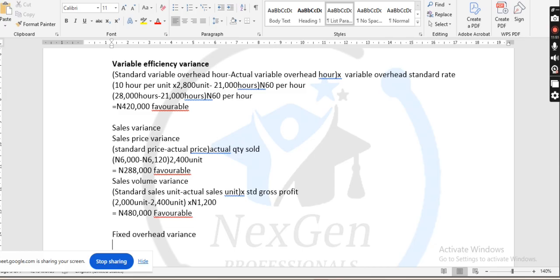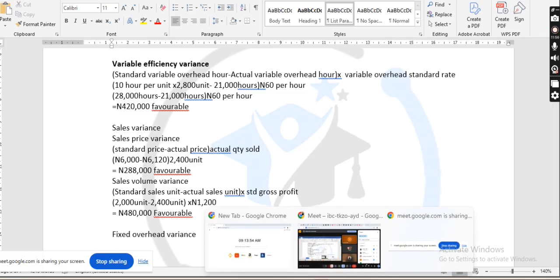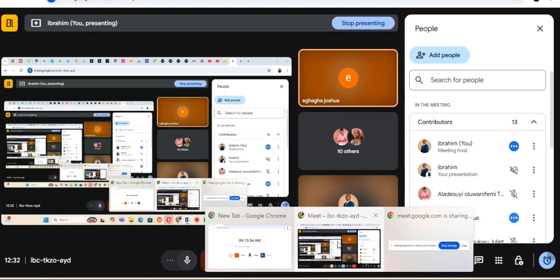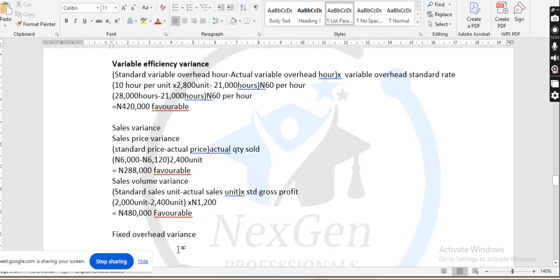Yes, that's the selling price minus direct material, direct labor, and variable production overhead. Is that also contribution? Contribution does not change. It's still sales minus your variable cost, and we have your contribution. Simple. You multiply it.